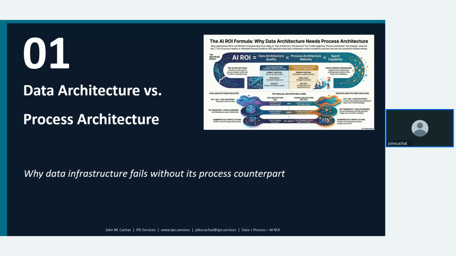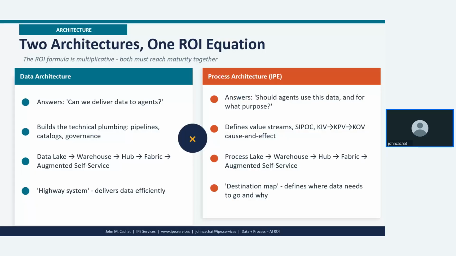So data infrastructure fails without its process counterpart. There's two architectures, data architecture, process architecture, all going into the same ROI equation. And on the data side, we're answering, can we deliver data to these AI agents?